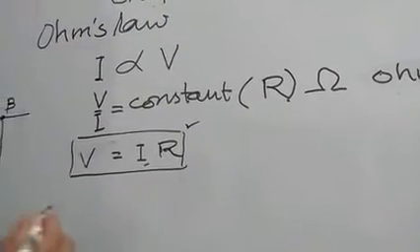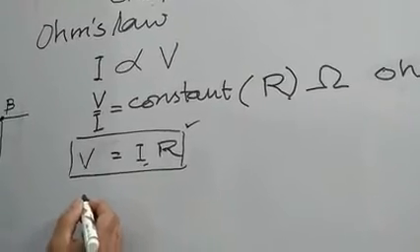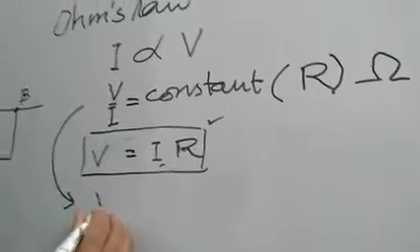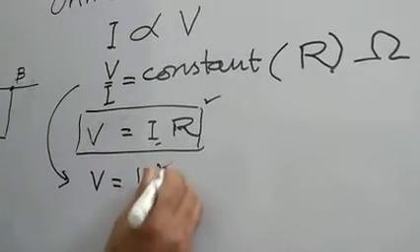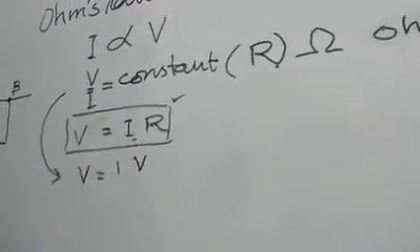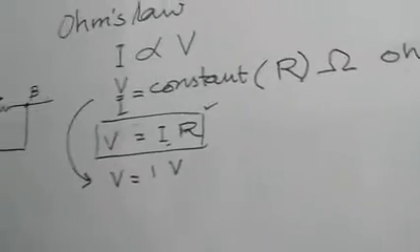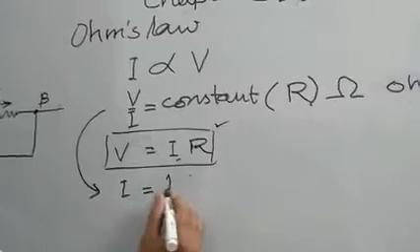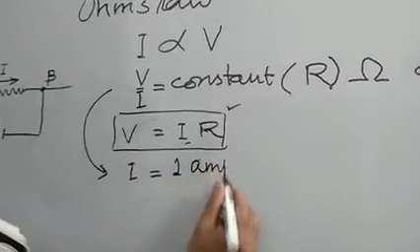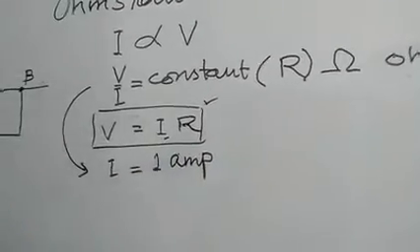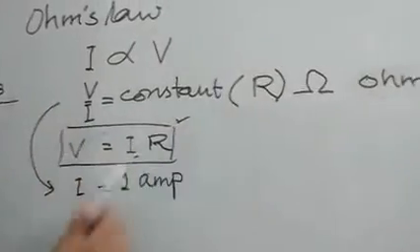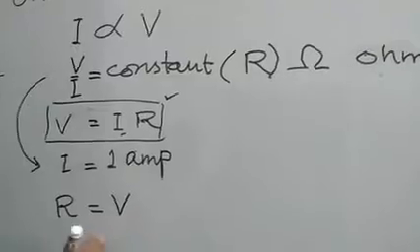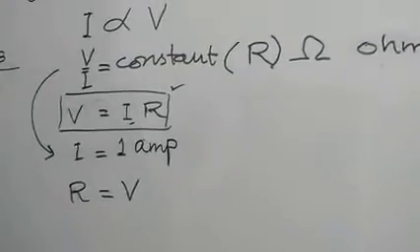Now here, if I say V is equal to 1 volt, or maybe if I say current is equal to 1 ampere, in that case what will happen? V will become equal to R, or R will become equal to V, and here it gives a definition of resistance.